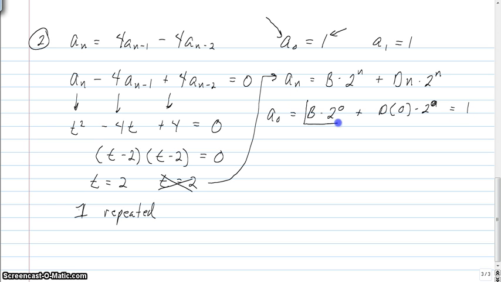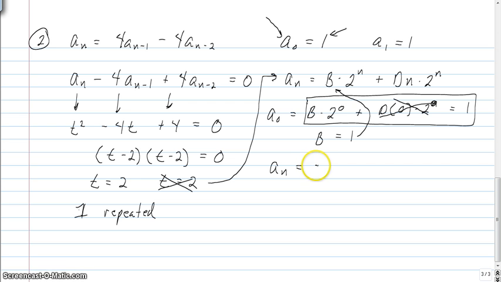So just focusing in on this equation, again, multiply by 0, that's all going to go away. So really what I'm left with is just that b times 1 equals 1. So that gave me the value of b right off the bat. So I'm going to go ahead and put that back into my solution. 1 times 2 to the n, so that's just 2 to the n.